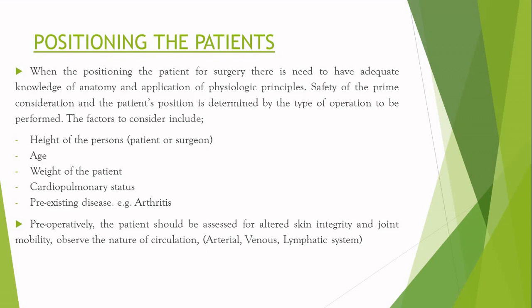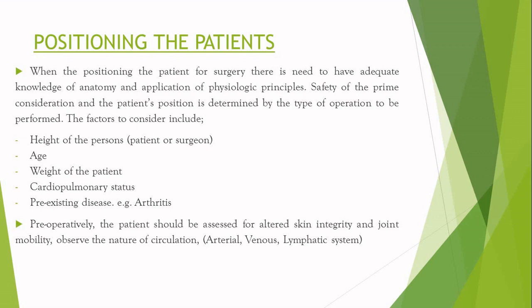Do you know why it's important to know the cardiopulmonary status? If they have a cardiac problem and you position them in some way, of course, that can even lead to cardiac arrest, or some failure.